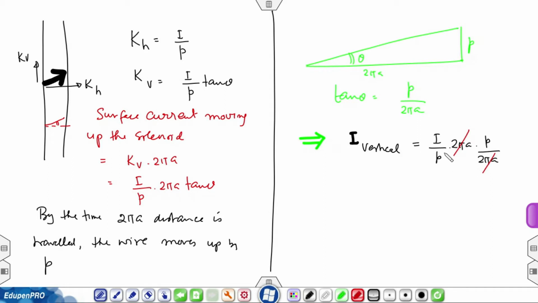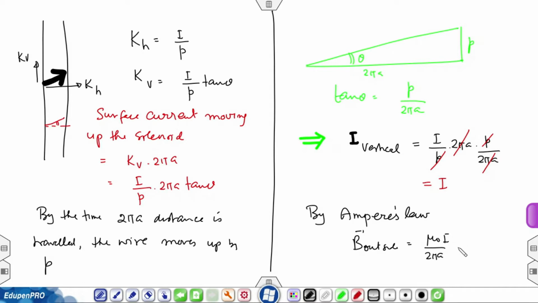This cancels, is equal to I, and therefore, by Ampere's law, B outside will be mu 0 over 2 pi a I phi.